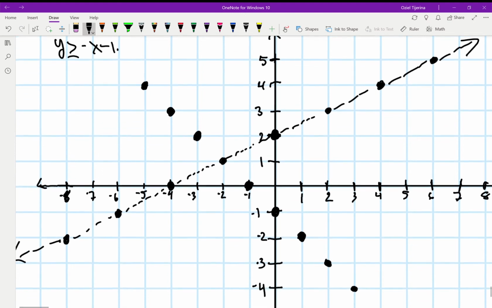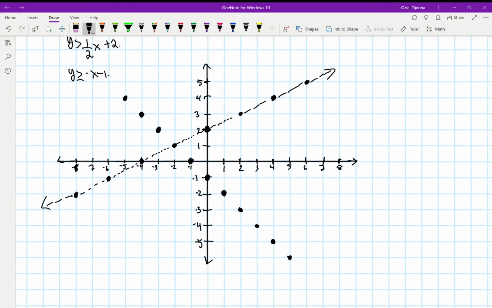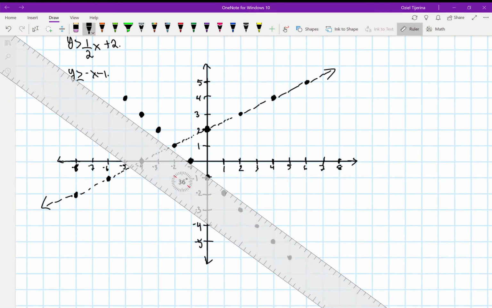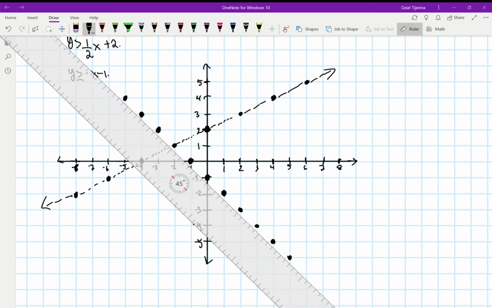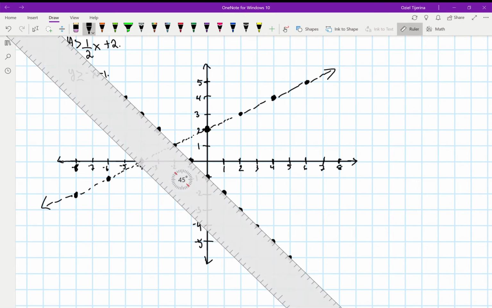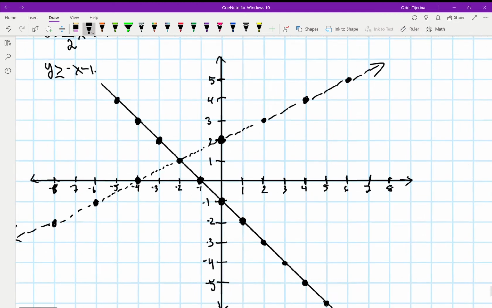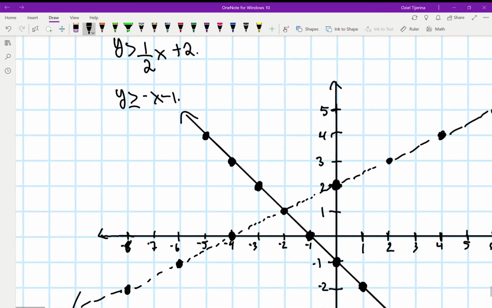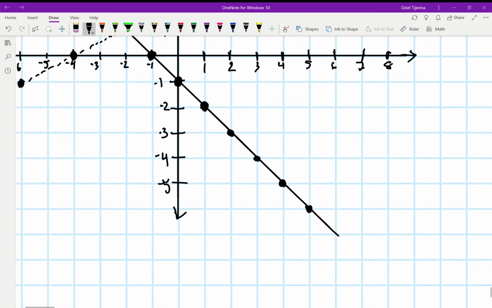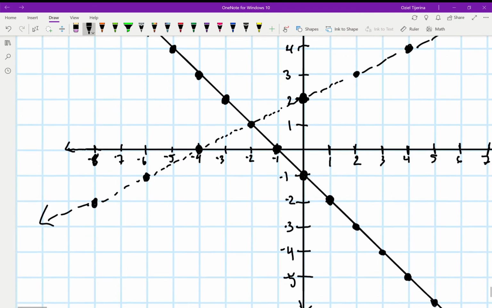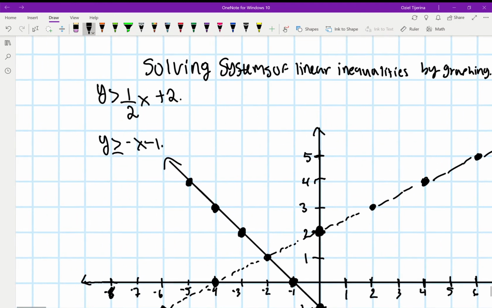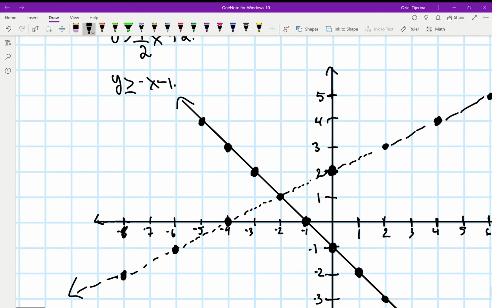So, once you do that, you're going to go ahead and draw a solid line, because it's greater than or equal to. So you have something like this, okay? And then once you have that, you do your test point, which is (0, 0).